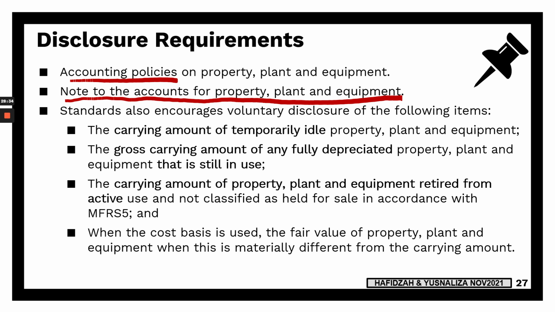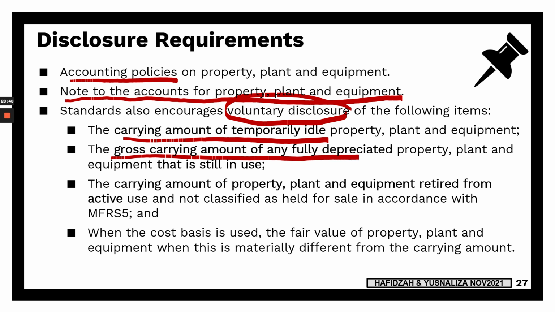Also, you need to show the voluntary disclosure. This is not mandatory, just a voluntary disclosure about the amount of the PPE that was temporarily idle, and the gross amount of the PPE that were fully depreciated but are still in use. That has to be mentioned.